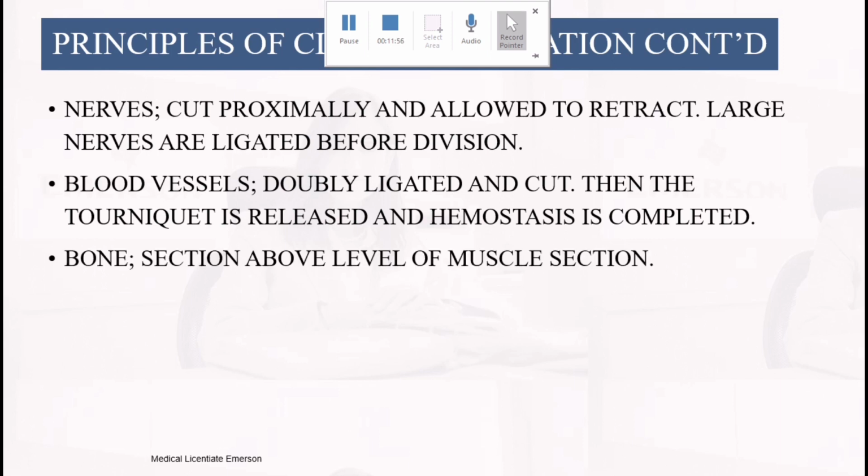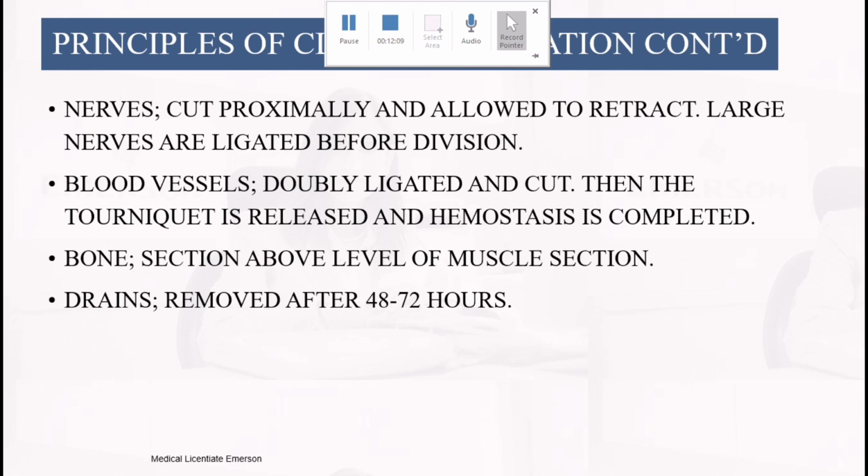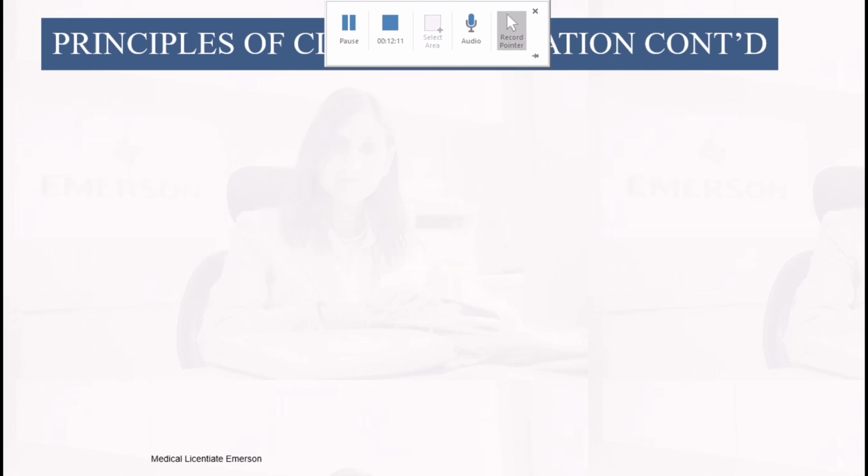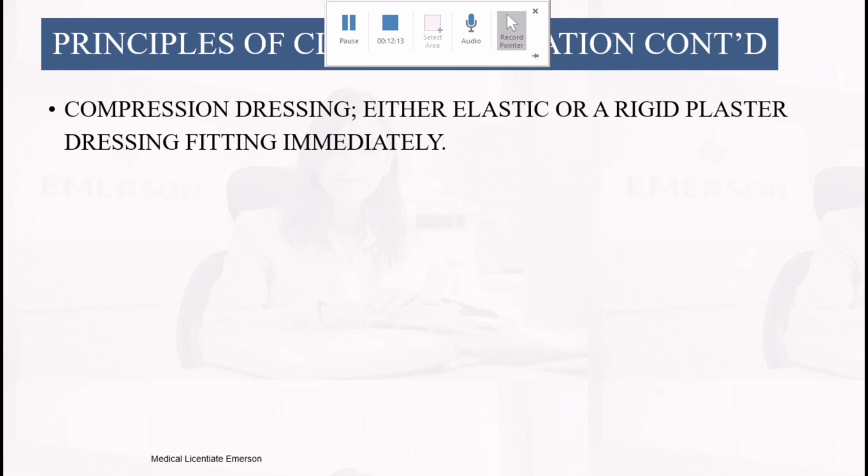Then for bone, the section is above the level of the muscle section, that's the one we are supposed to follow. Then drains have to be removed in 48 to 72 hours. Then for compression dressing, you can either use elastic or rigid plaster dressing fitting immediately.